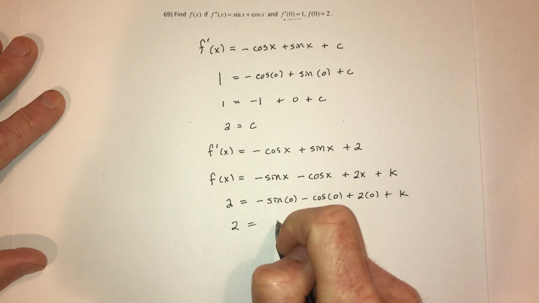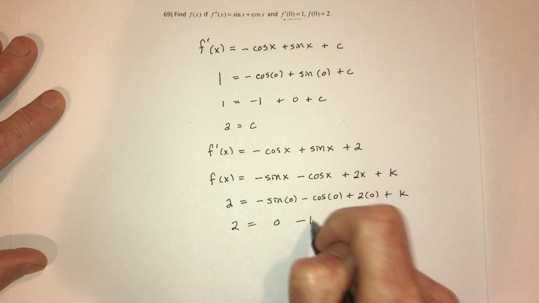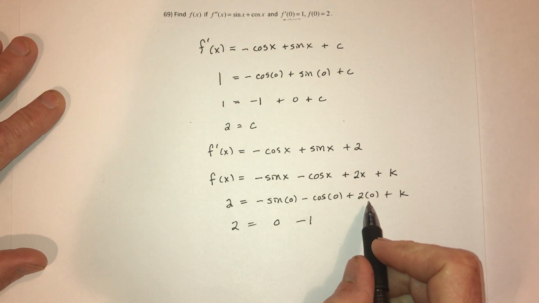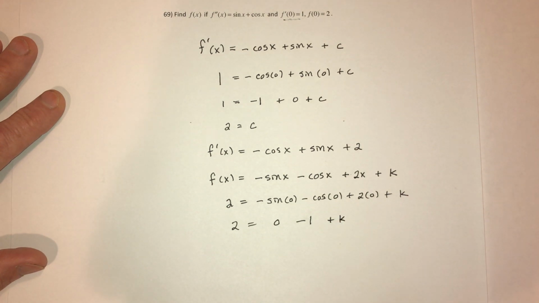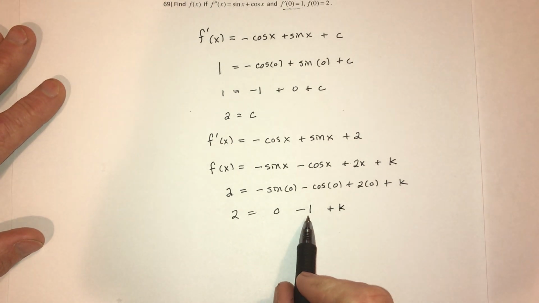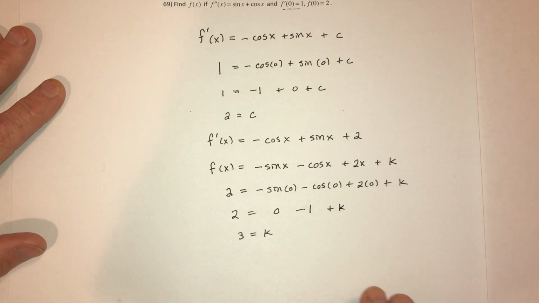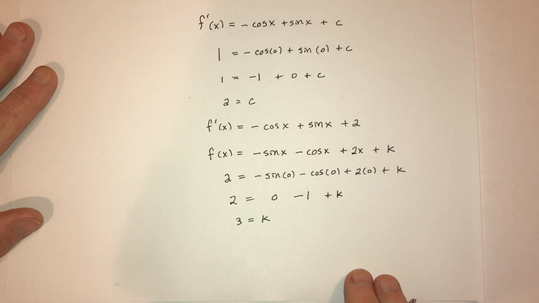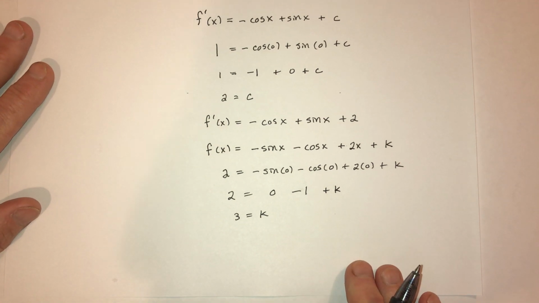Sine of 0 is 0. Cosine of 0 is 1. That is just going to be 0, and then there's still the plus k. And then finally, just add 1 to both sides, and it turns out that k is equal to 3. Or 3 for all of my French friends out there.